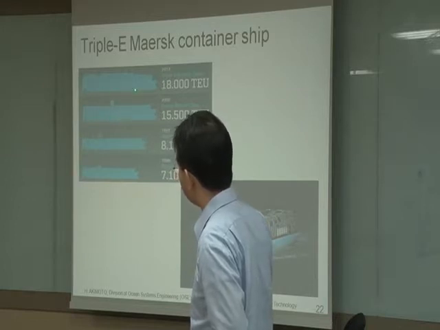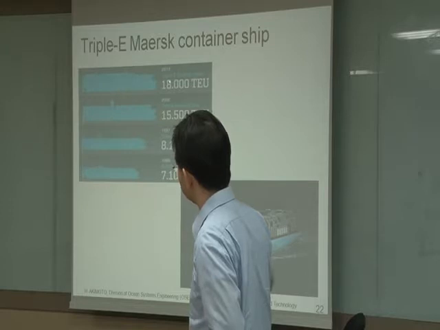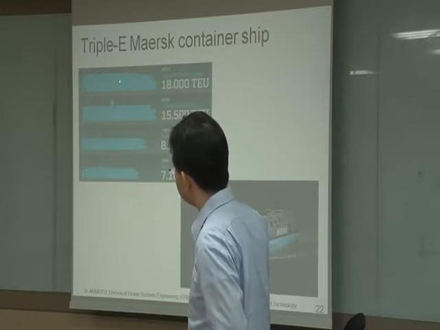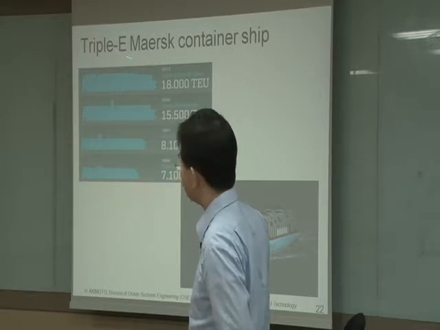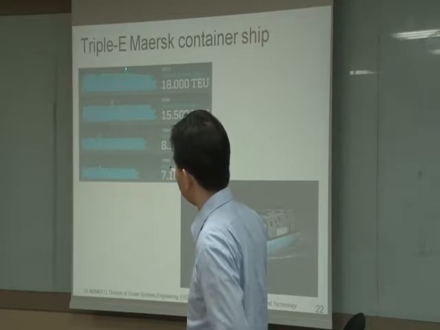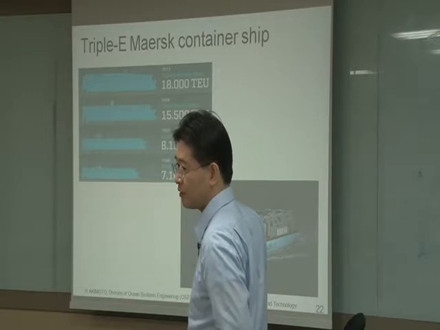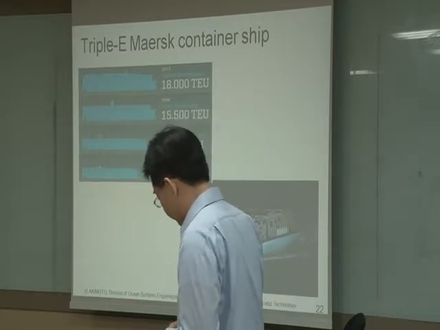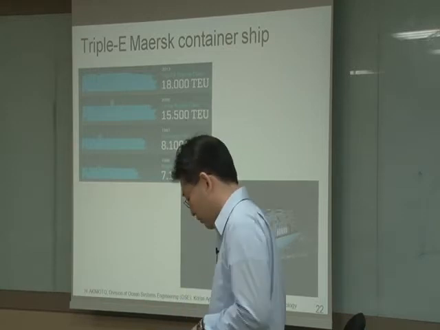But in the next largest one, the Triple E Maersk class, it has two islands. This is the forward island for the bridge, and the second island is for the funnel. So they change the general arrangement of the ship.